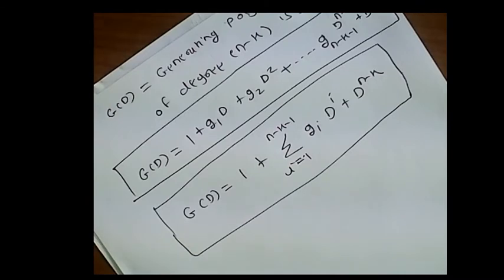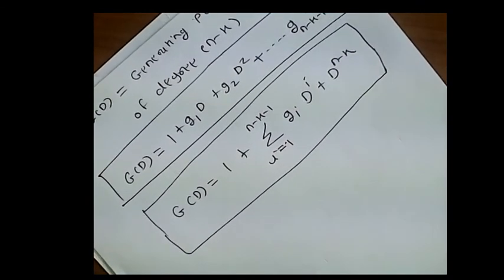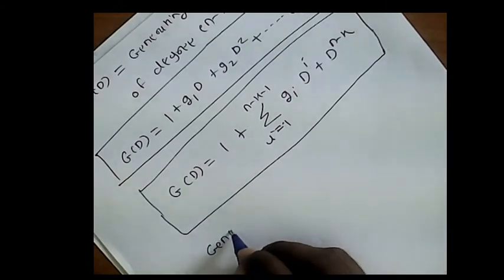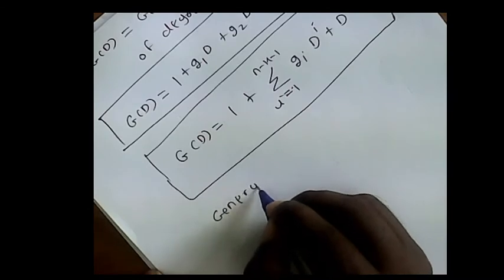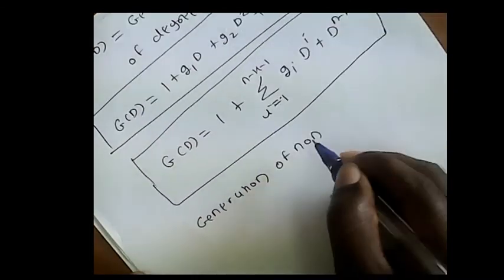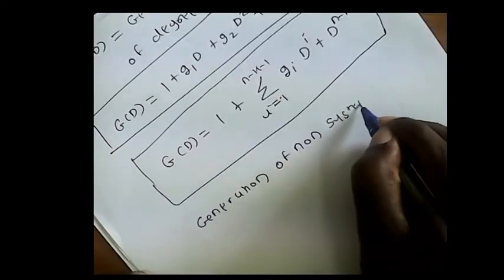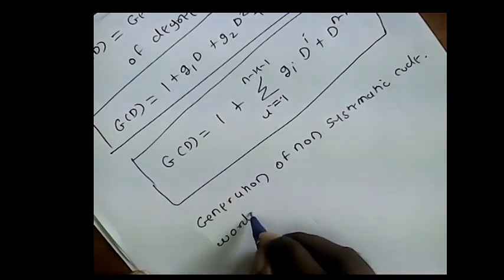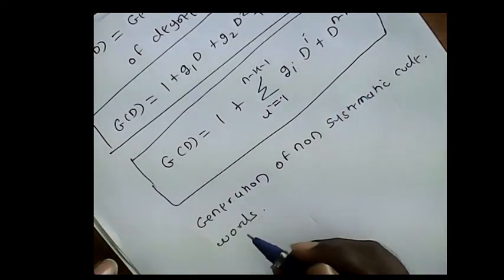Now how can we obtain the generation of non-systematic code words? The next point is the generation of non-systematic code words.